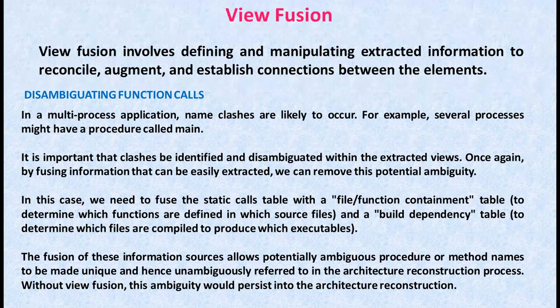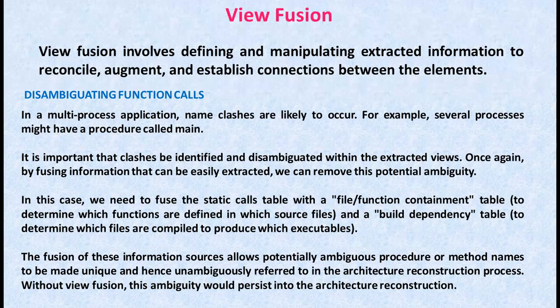So in this case, we need to fuse the static calls tables with a file or function containing table to determine which functions are being defined in which source file, and a build dependency table to determine which files are compiled to produce which executables.